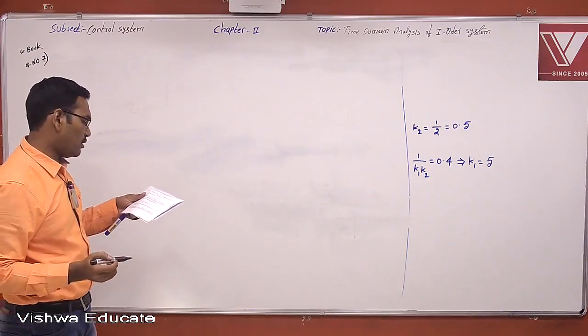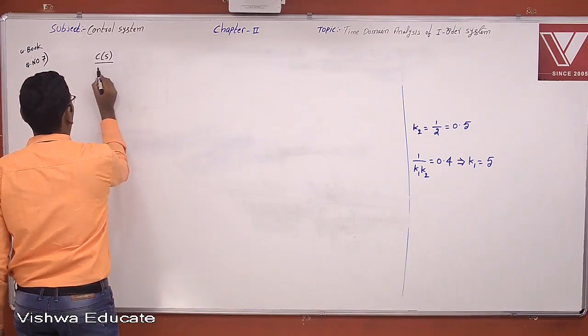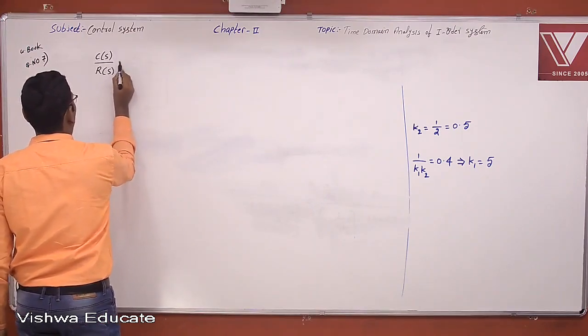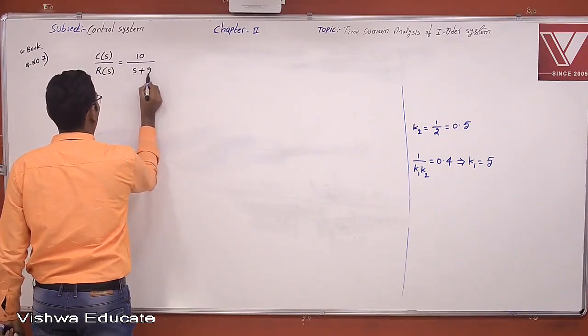The transfer function of a first order system is given as 10 by s plus 2.